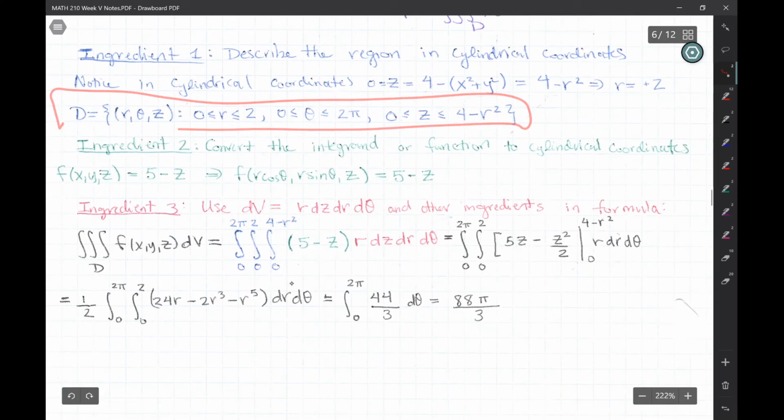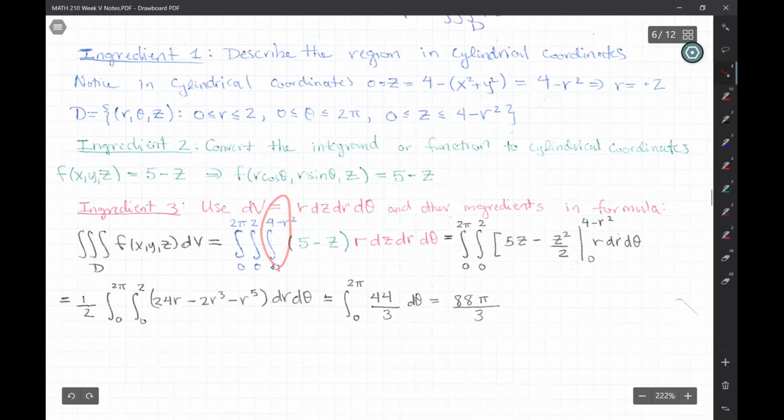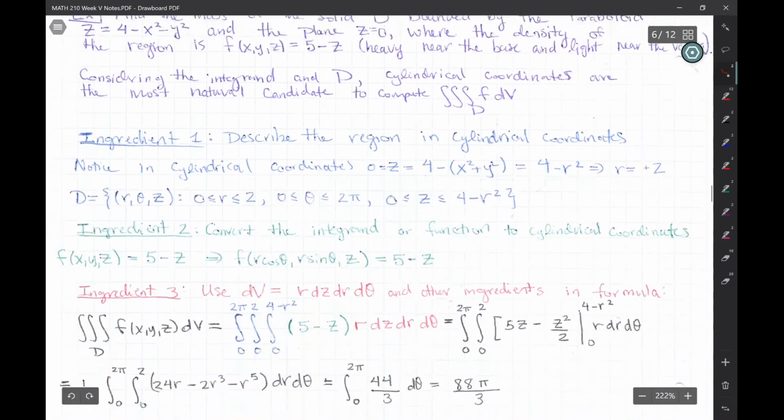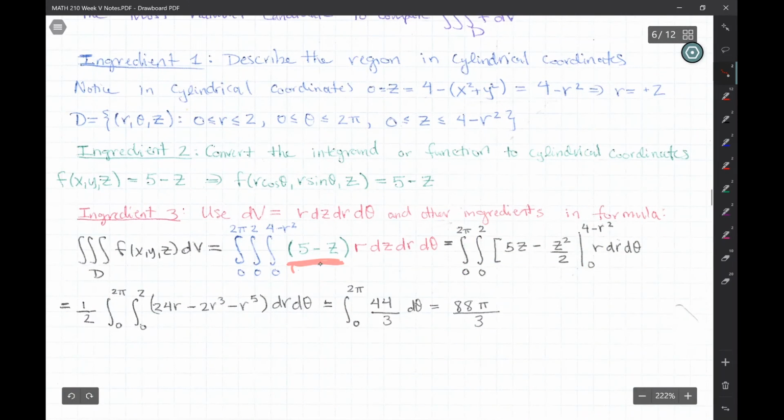Notice here that z is being integrated from 0 to 4 minus r squared. R is being integrated from 0 to 2, and theta is being integrated from 0 to 2 pi. Second ingredient is the function converted to cylindrical coordinates. That's what shows up in here, and we have it in green there, 5 minus z. And the last part is the volume element, and that's what we have over here.